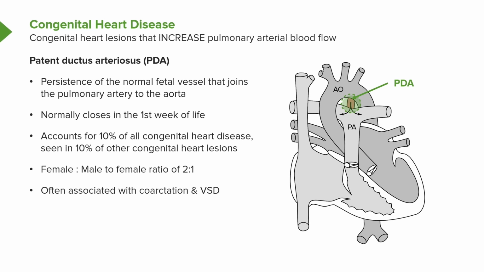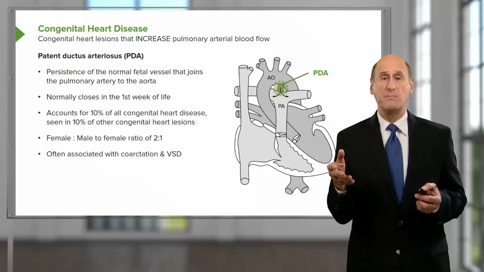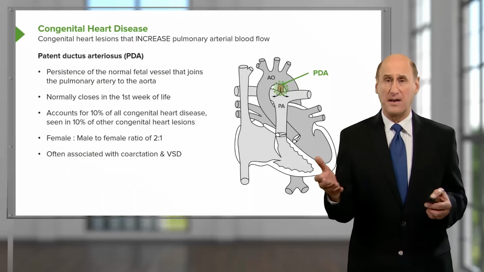These individuals more rapidly develop Eisenmenger syndrome, that is severe pulmonary vascular disease, severe constriction in the pulmonary small vasculature that leads to pulmonary hypertension, right ventricular failure, blue blood shunting across the PDA into the aorta, and again, the Eisenmenger syndrome, marked disability, and early mortality.